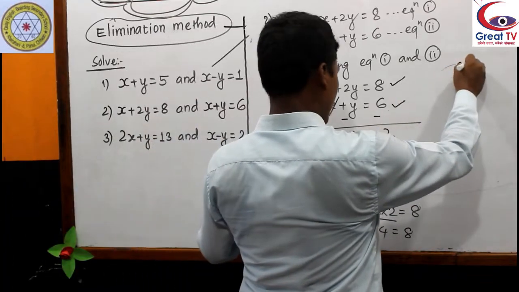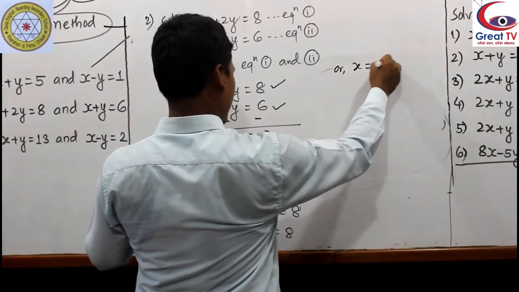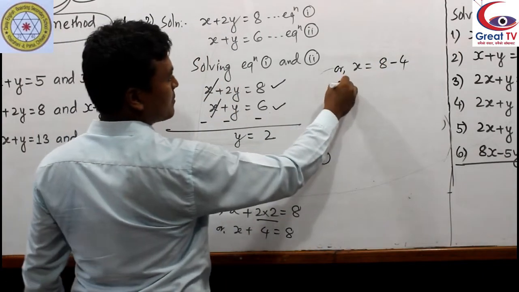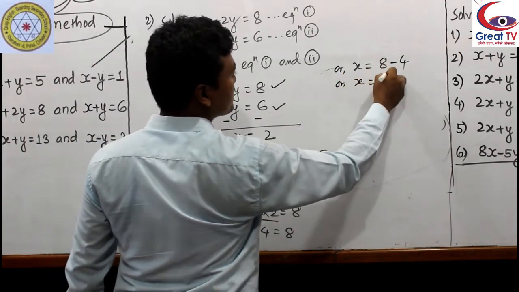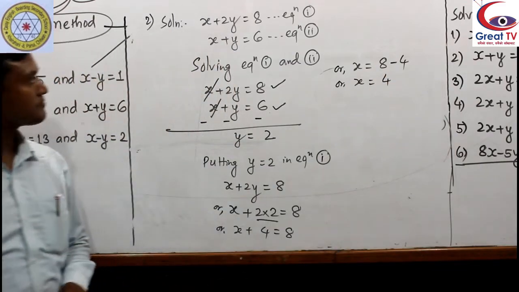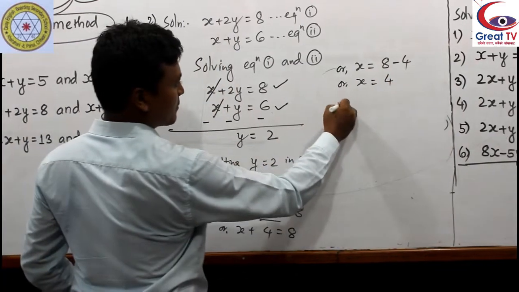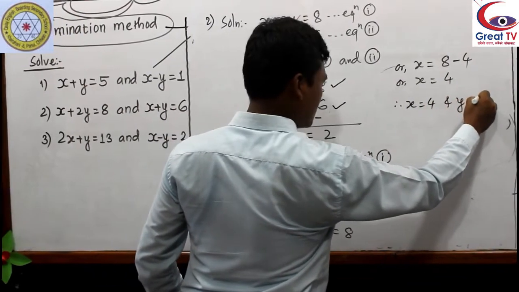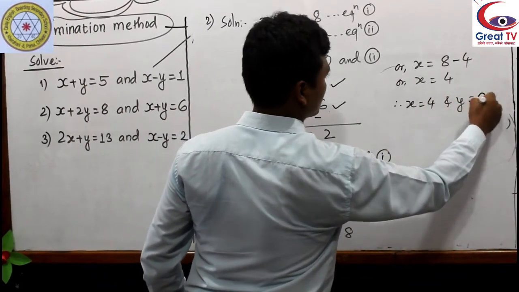Then x is equals to 8, take plus 4 back, minus 4. Well, x is equals to 8 minus 4, which is 4. Therefore, x is equals to 4 and y is equals to 2.